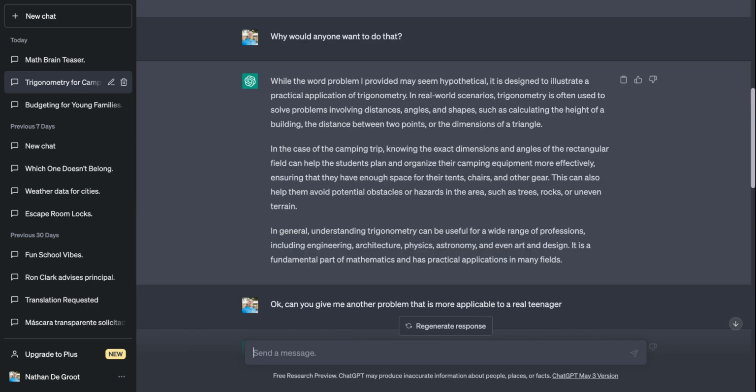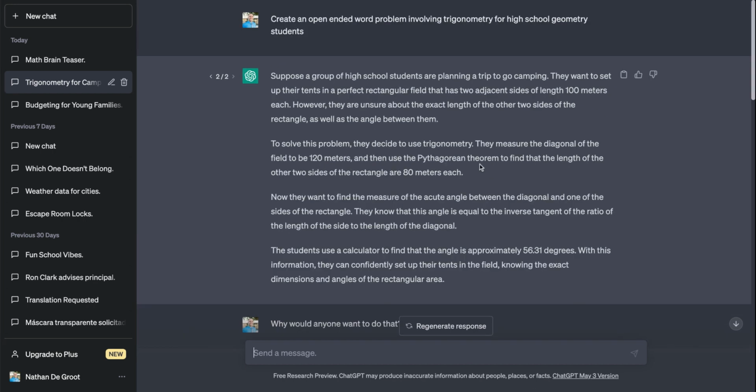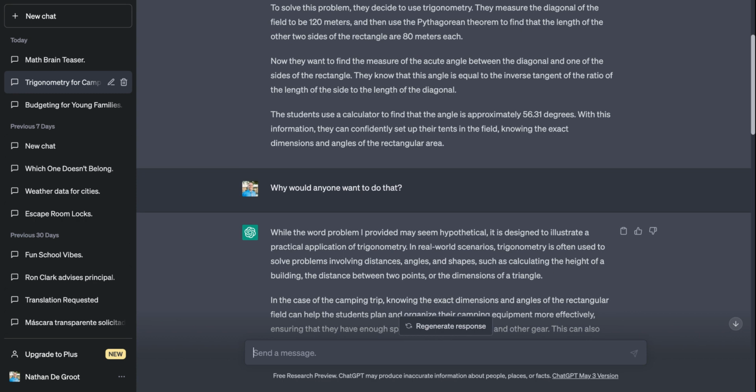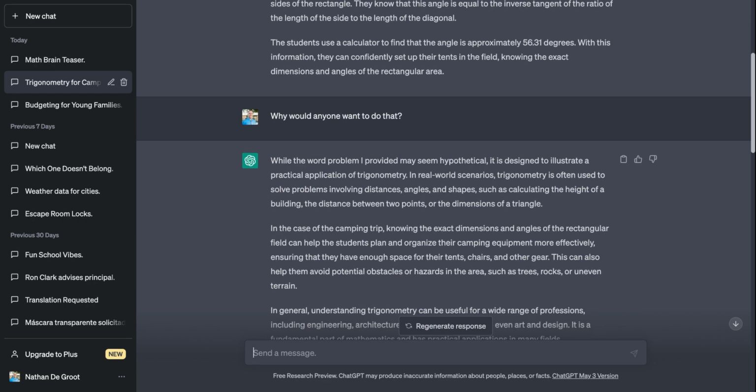Another example right here, just thinking about generating word problems. So I did one right here where I wanted an open-ended word problem involving trigonometry for high school geometry students. So there's this one about camping and using the Pythagorean theorem right here and the inverse tangent. And it's like, well, why would anyone want to do that, right?